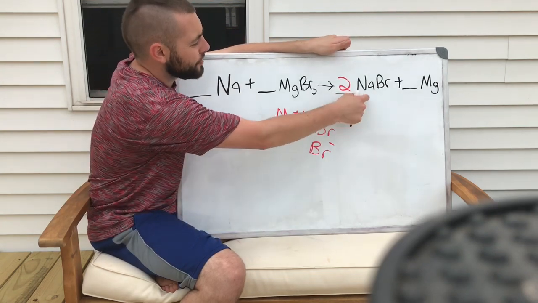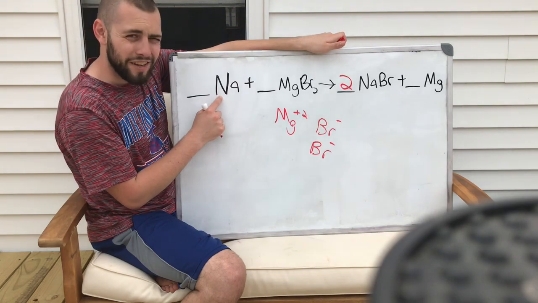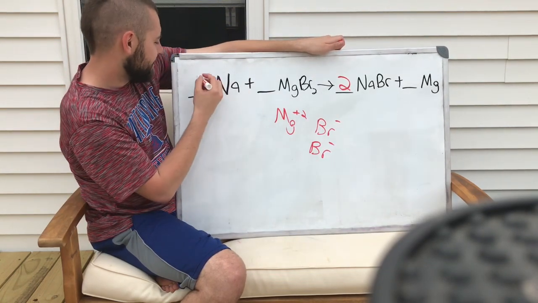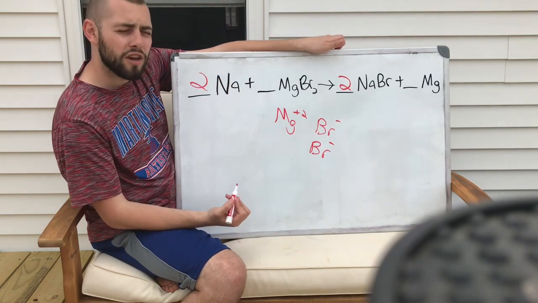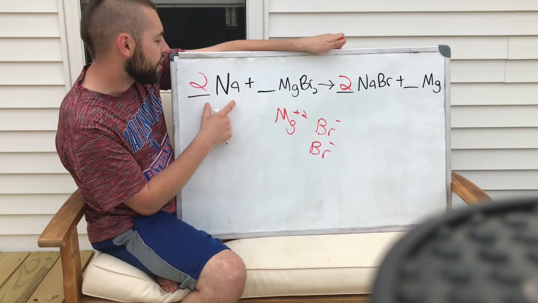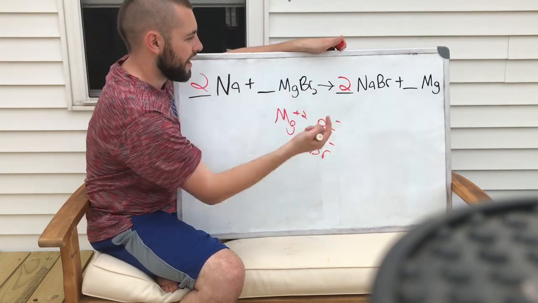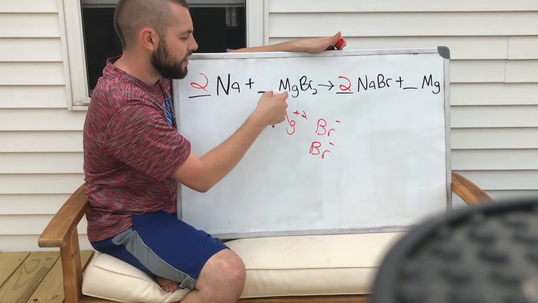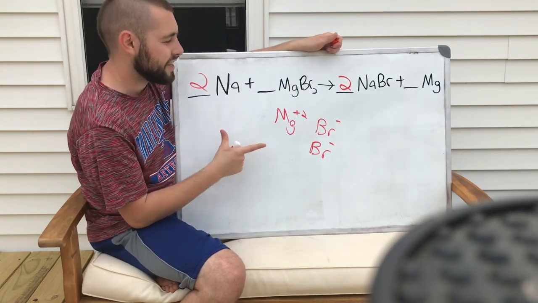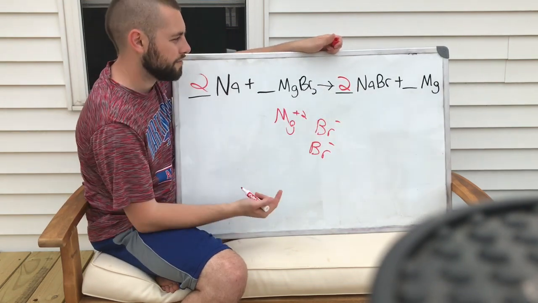Now I've got 2 sodiums on the product side and only 1 sodium on the reactant side. I need to make it match, so I'll put a coefficient of 2 here as well. Now I've got 2 sodiums on both sides, 2 bromines on both sides, and only 1 magnesium on both sides. This is a balanced reaction. 2, 1, 2, 1.